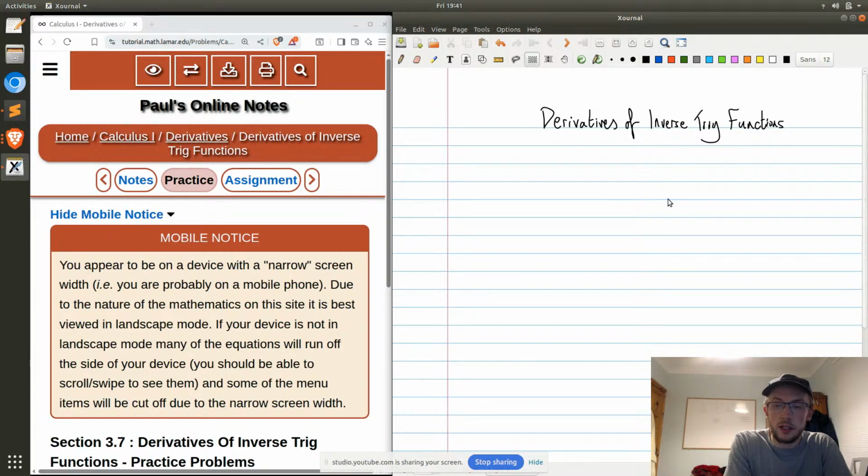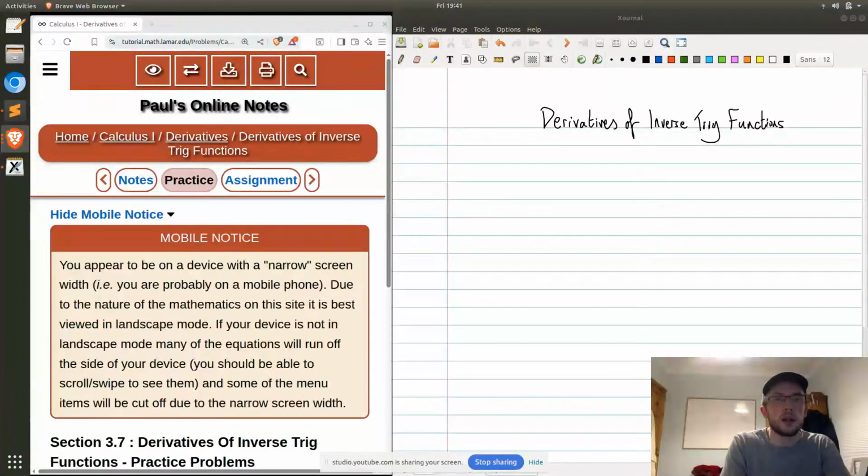Anyway, what about their derivatives? d by dx of arc sine x is 1 over root 1 minus x squared, and d by dx of arc cosine x is -1 over root 1 minus x squared, and d by dx of arc tan x rather. And by the way, when I say arc, that's my way of inverting the trig function.